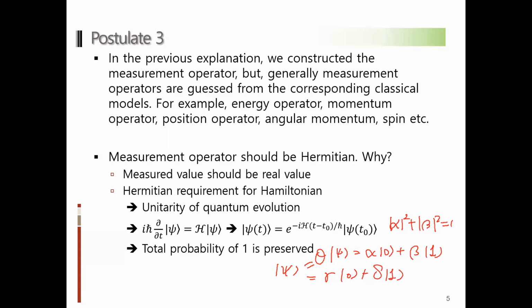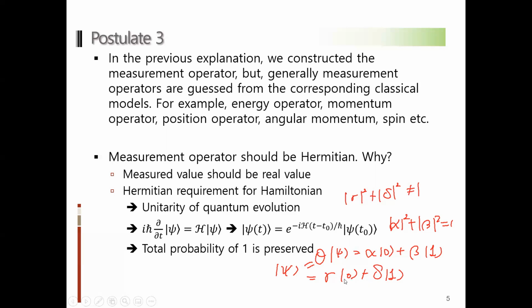And then if the square of r and the square of the absolute value of delta sum to something different from 1, then there is some conceptual problem, because the only measurement result we can have for this kind of quantum state is either 0 or 1.